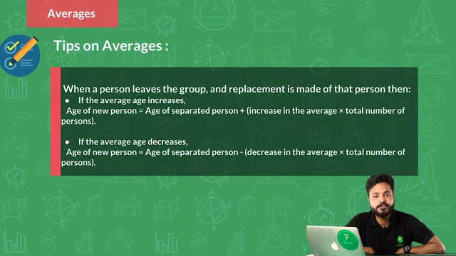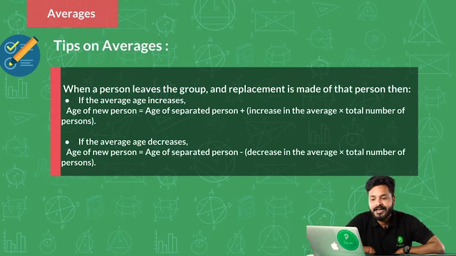The age of the new person would be nothing but the age of the separated person plus the increase in the average times the total number of persons. Let's say the initial average was 20 and after the guy left and a new guy joined, the average increased by 2. So increase in the average is 2 into total number of persons. The total number of persons is anyway the same. There were, let's say, 10 persons, one left and one joined, so it is anyway 10 again.